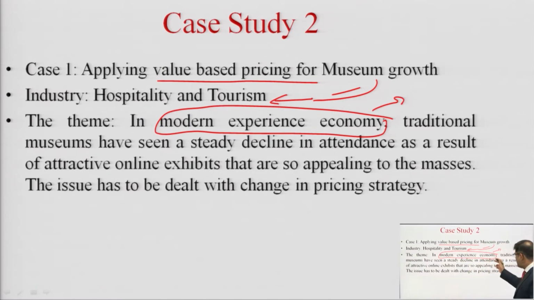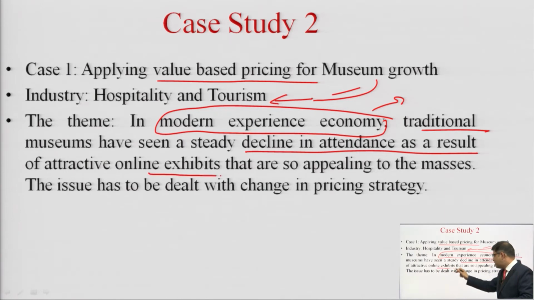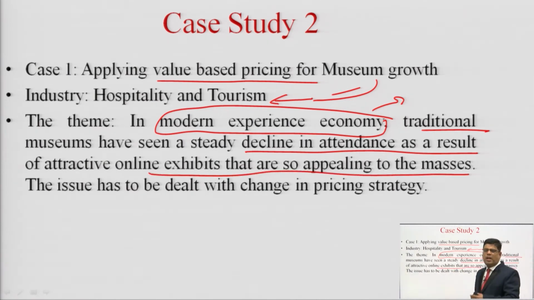So, in the modern experience economy, traditional museums have seen a steady decline in attendance as a result of attractive online exhibits that are so appealing to the masses. This is the era of digital communication, and we have so many portals and social media available to us.